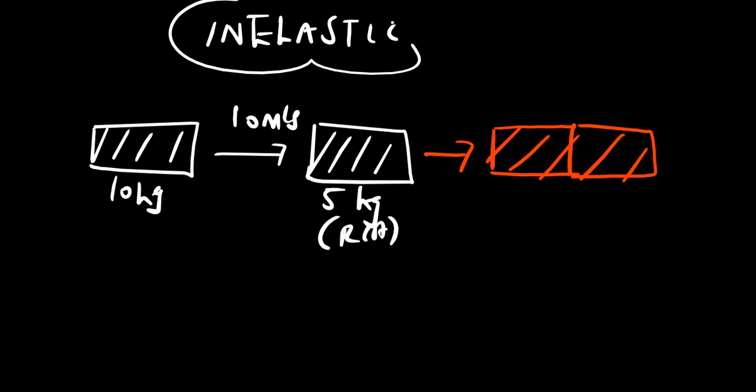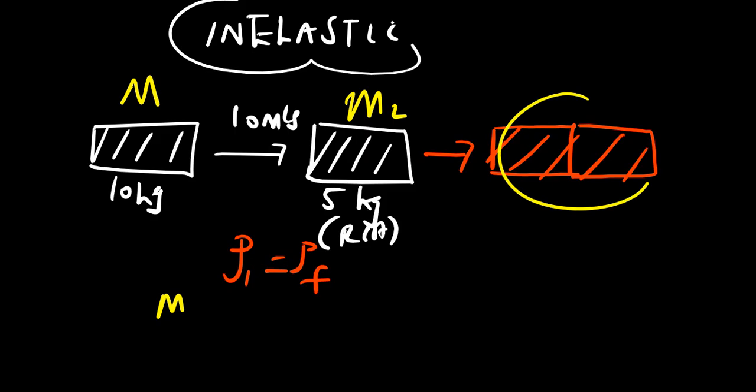You know that your P initial is equal to your P final, right? The momentum initial is equal to the momentum final. Let's say this is M1, this is M2. Now, because these ones are moving together, it would be M1 + M2.